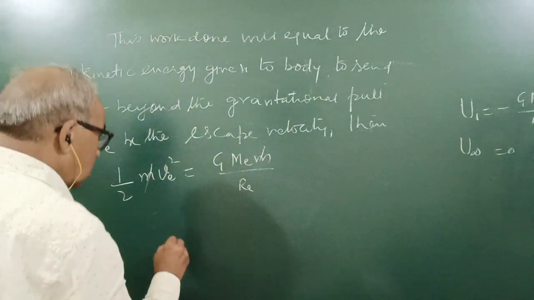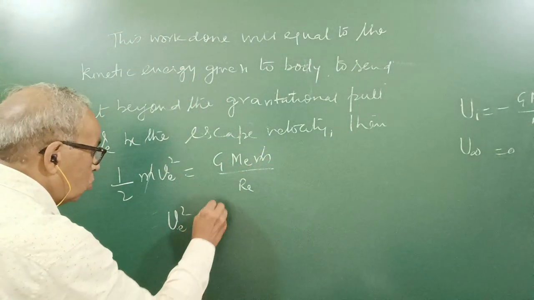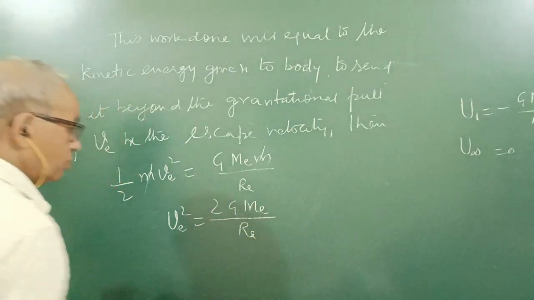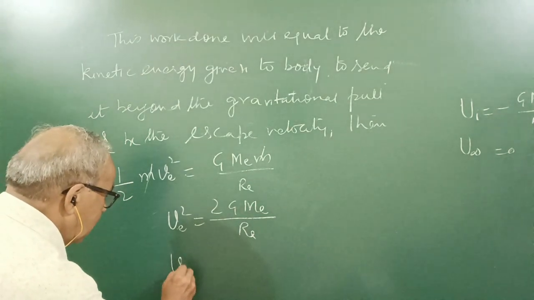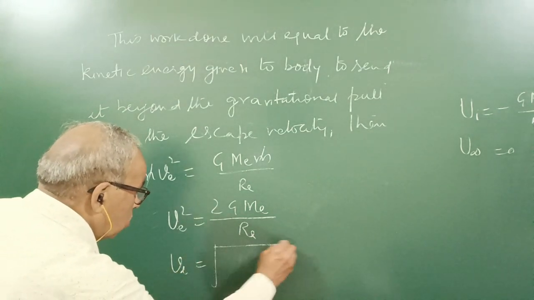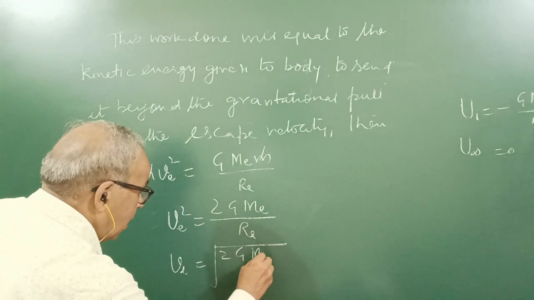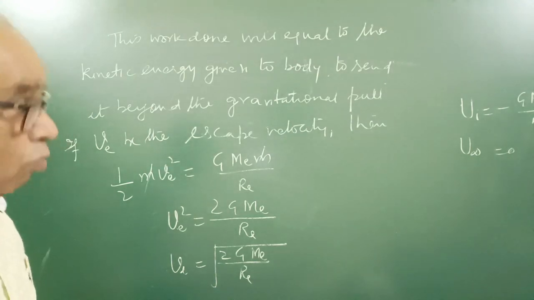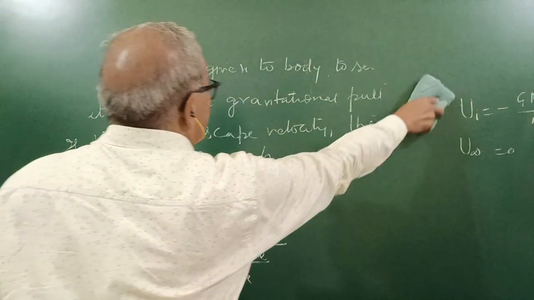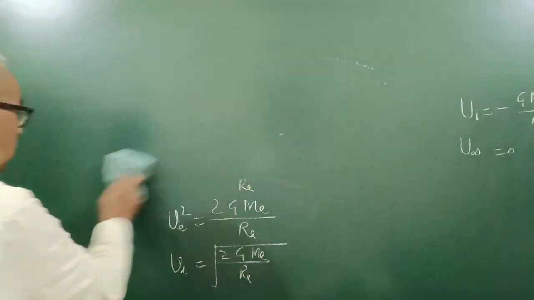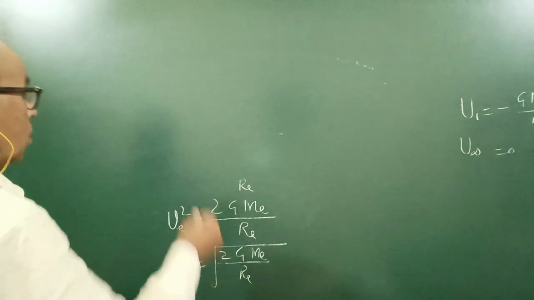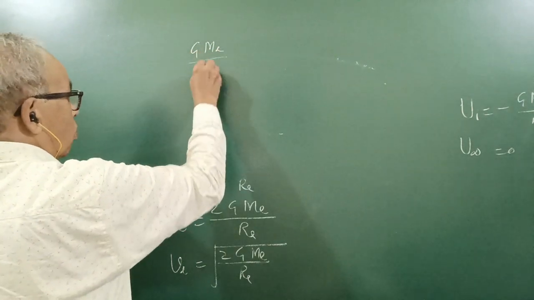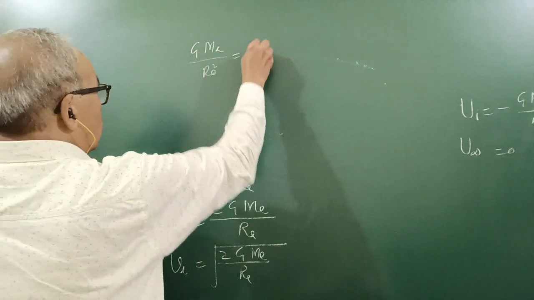Now m cancels. So Ve square is equal to 2 G Me upon Re, or Ve is equal to under root 2 G Me upon Re. Now we know that G Me upon Re square is equal to small g.